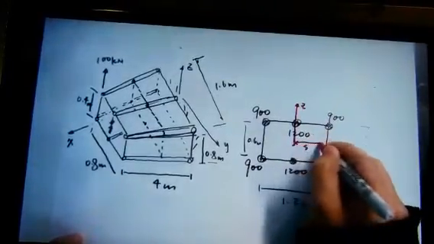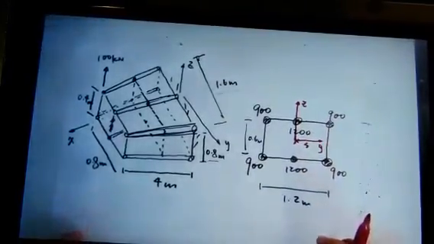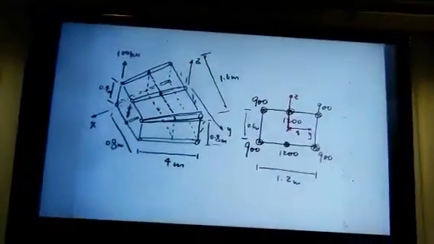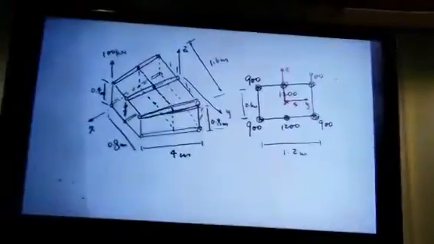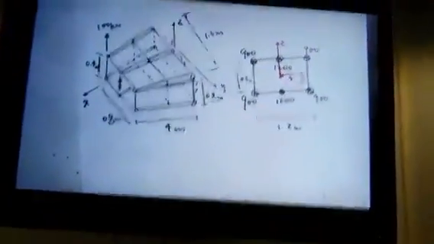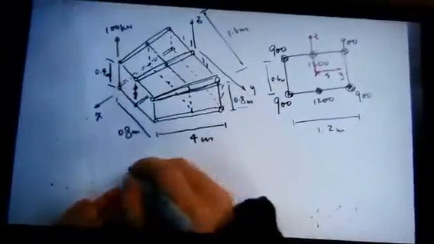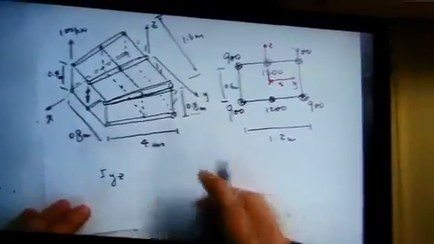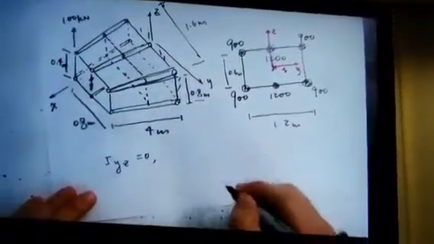Z, Y. Okay? And then what is the direct stress, the so-called normal stress along this direction? This is the length direction. And what is the shear flow in each skin? We have a formula for that. Actually, we have Iyz is 0 because of symmetry, right?